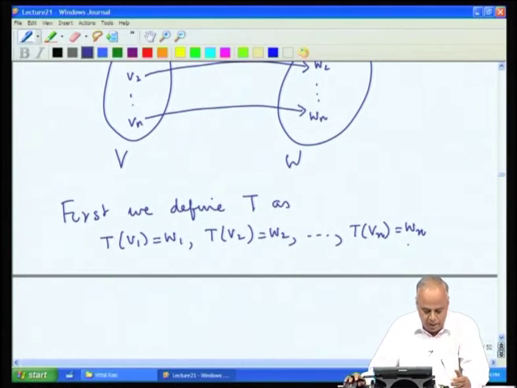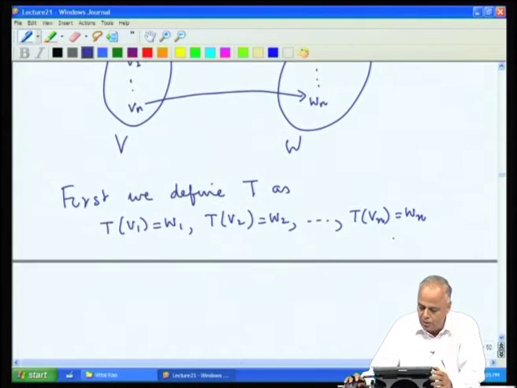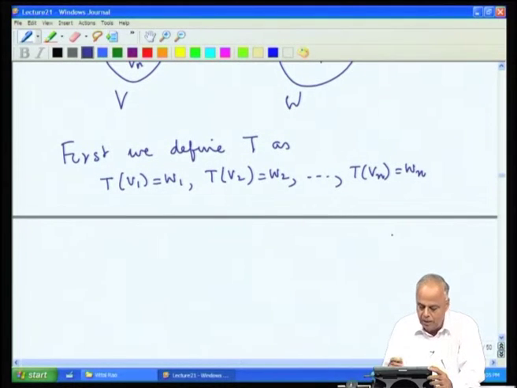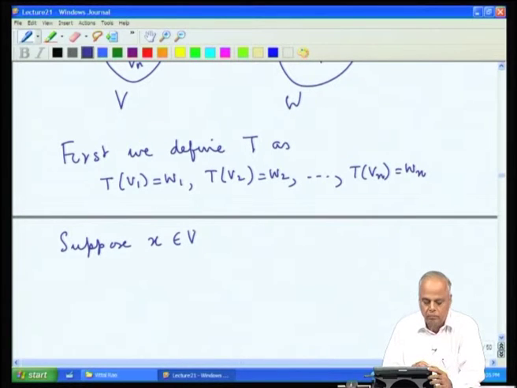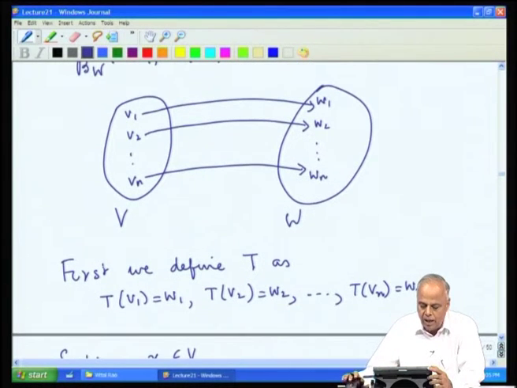Now, once we have said what T does to the basis vectors, we shall see what it does to the other vectors. Suppose x belongs to V. Then any vector in V can be written in terms of the basis vectors as a unique linear combination. So, we should be able to write x as a linear combination of V1, V2 and Vn.